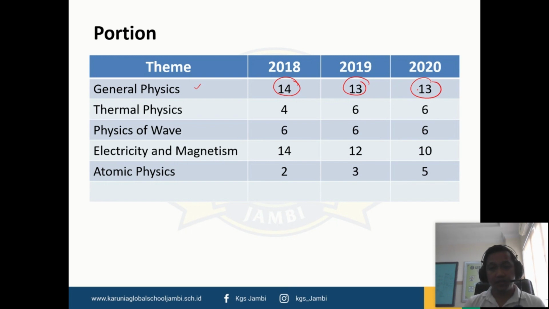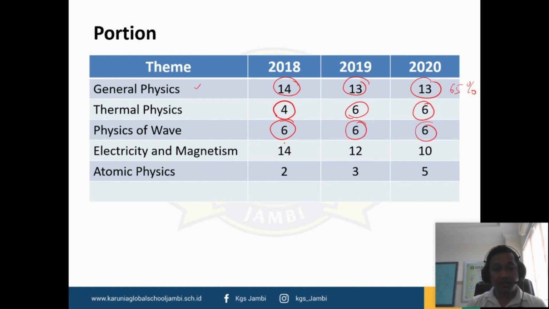Well, if you open your book, the topics of this general physics block are the most. In 2018, the number of thermal physics questions is only 4, but increased to 6 in 2019 and 2020. About waves, the number of questions remains the same.